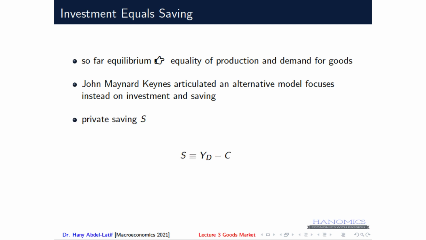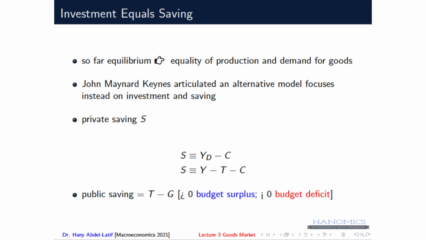Private saving is equal to your disposable income minus what you spend on consumption, minus C. From here, we know that disposable income is Y minus T. On the other side, public saving is T minus G, or what the government collects in taxes minus what it spends in government spending. So T minus G is public saving.